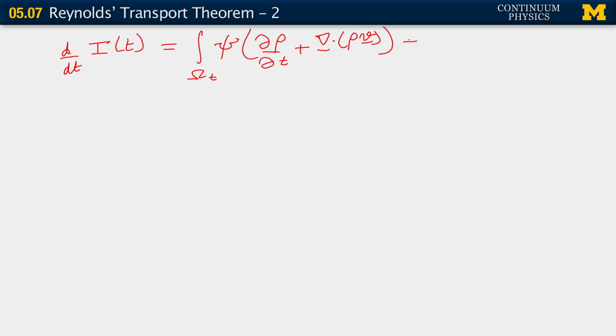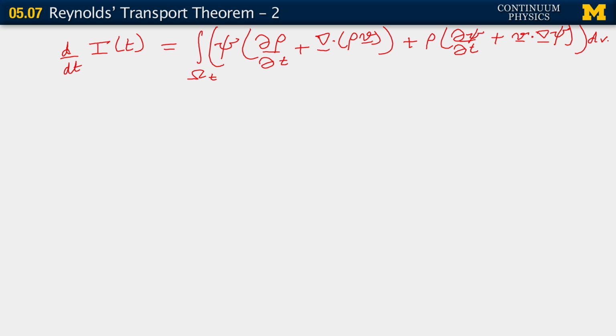And the next term was rho times the partial time derivative of psi plus v dotted with the gradient of psi. This is what we had on the previous slide.